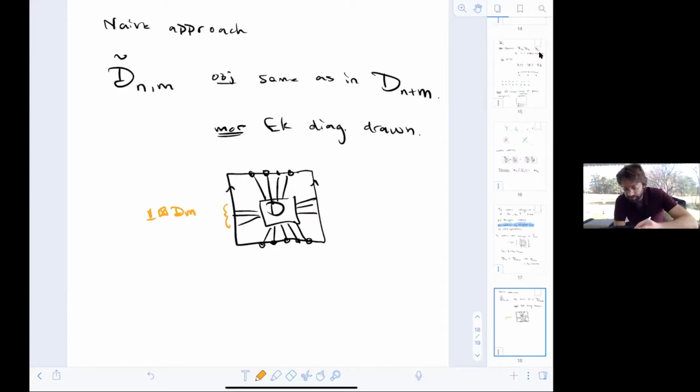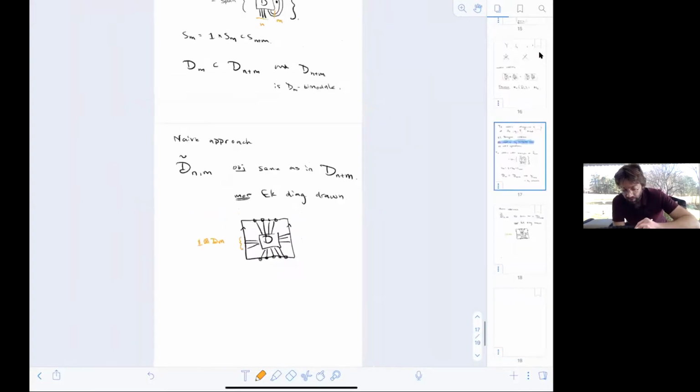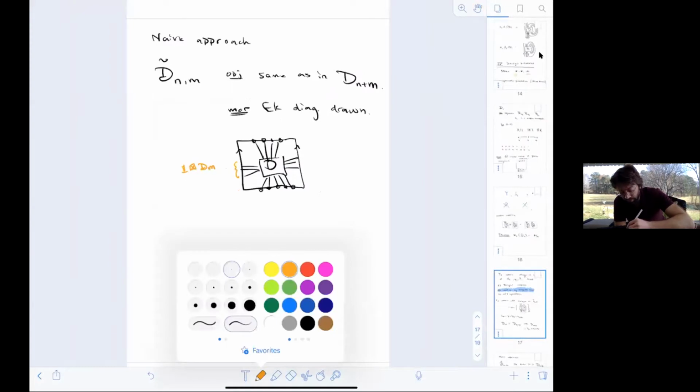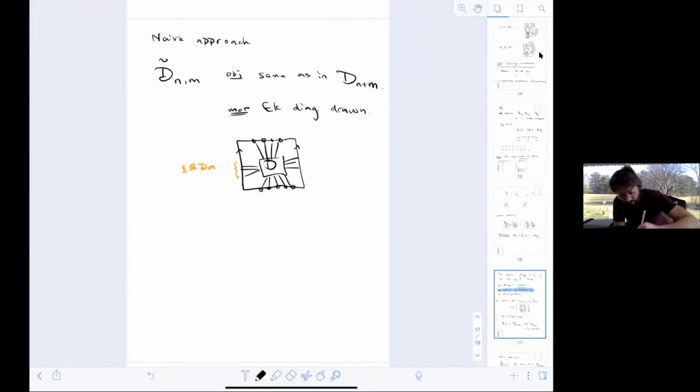So for example, maybe the example speaks much better than anything else. If we take N and M to both be 2, we can consider a morphism.